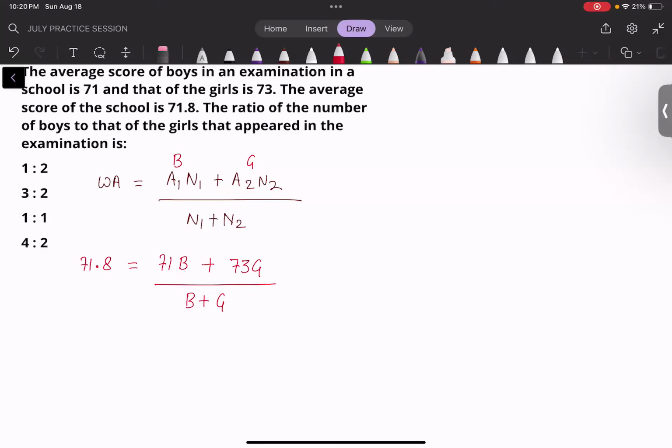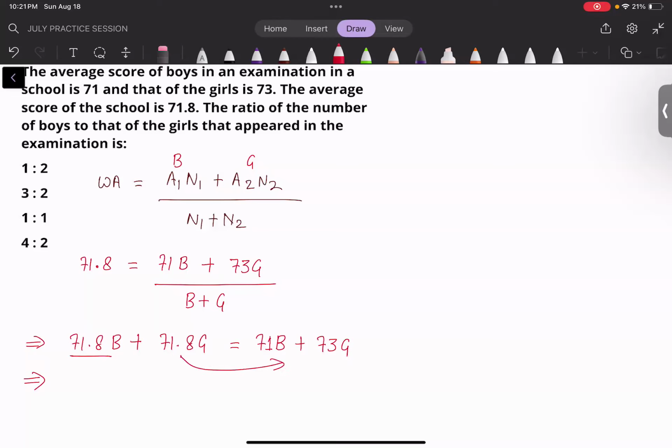This is what I will get. Now let's cross multiply. 71.8 B plus 71.8 G equals 71B plus 73G. Let's take similar terms on the same side. Boys on the left side and girls on the right side.